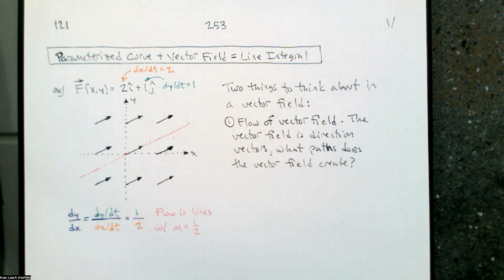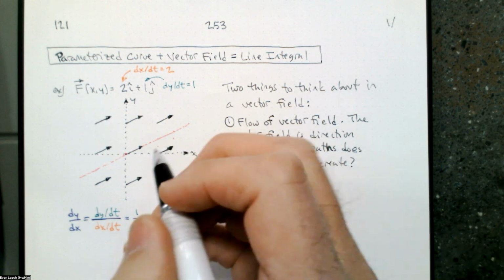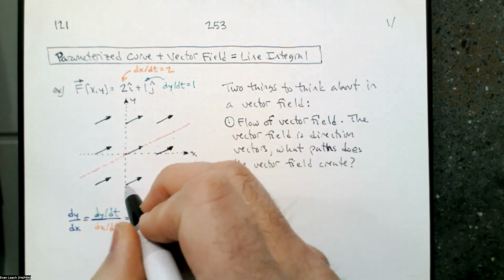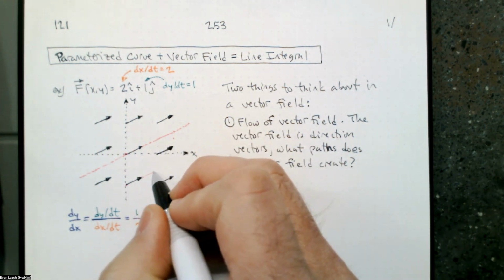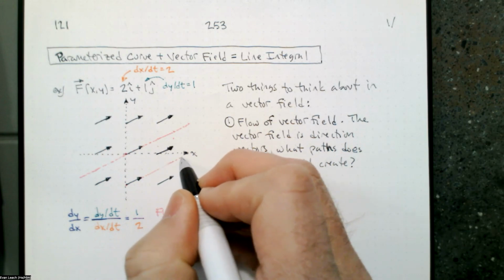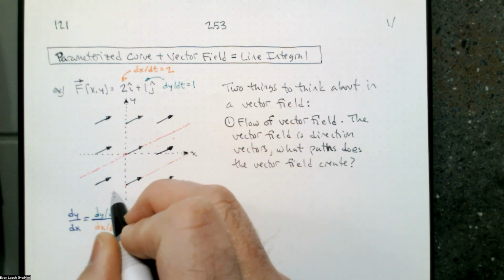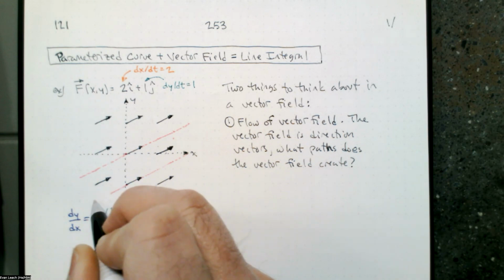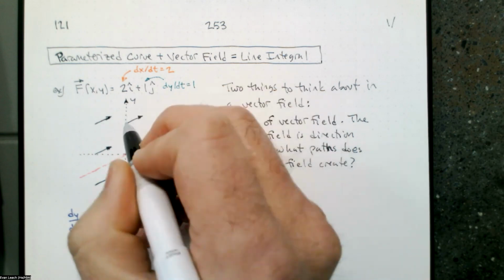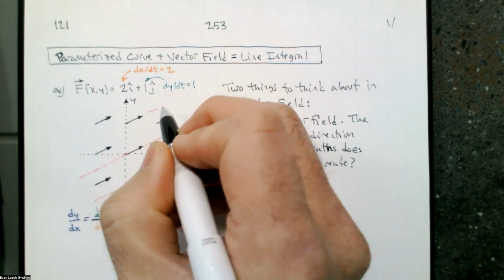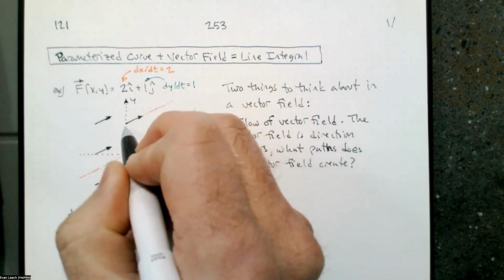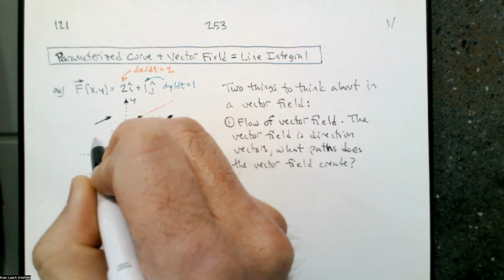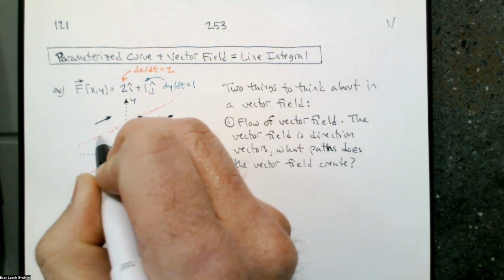And wherever we start, we get the same. Follow 2i plus 1j, that's your direction. We had to do a little bit of calculation to figure out what the slope is going to be. But the flow, we are getting flow that is lines with a slope of 1/2.